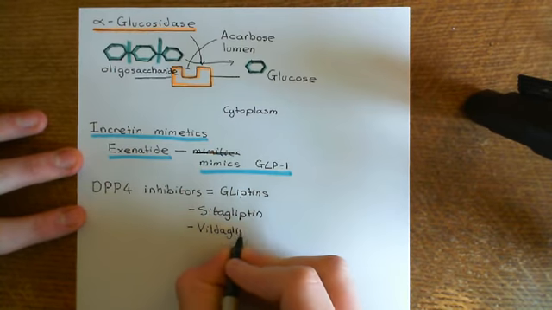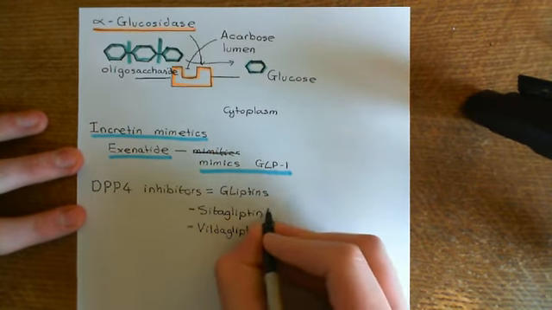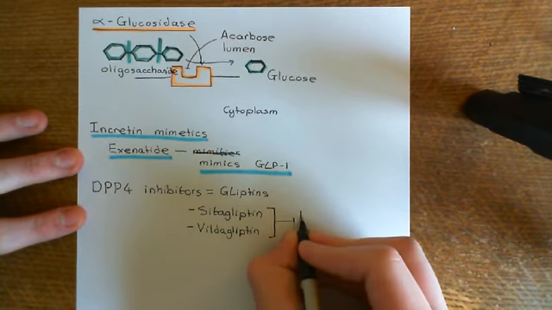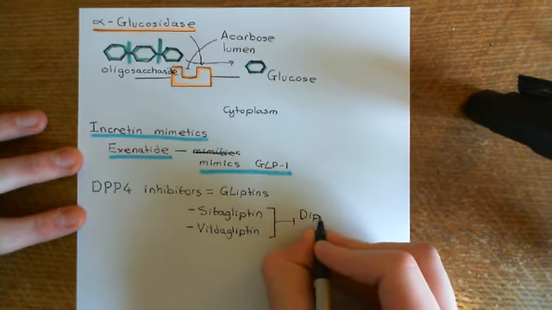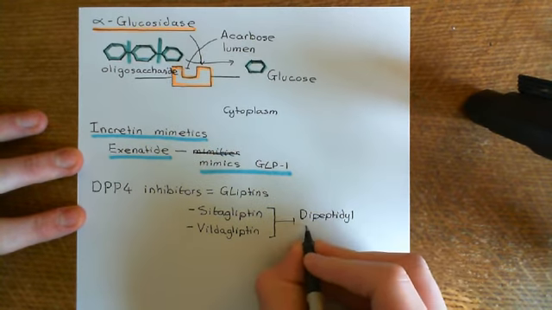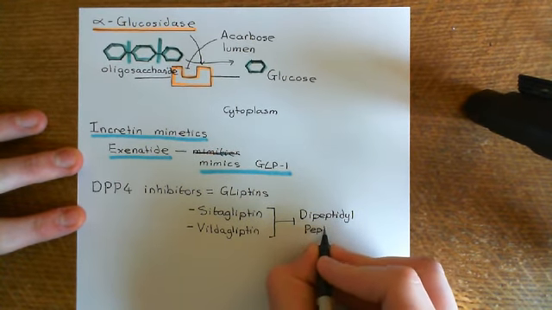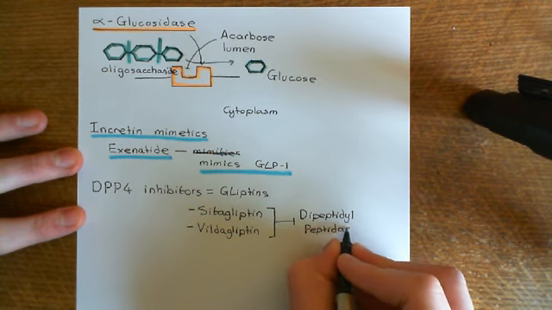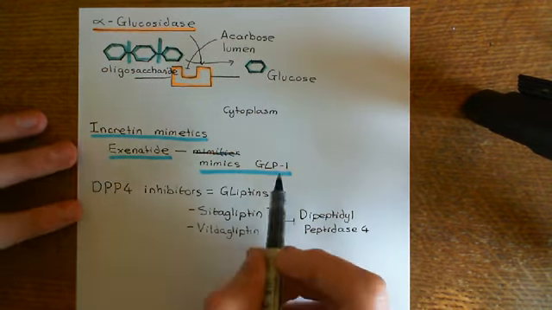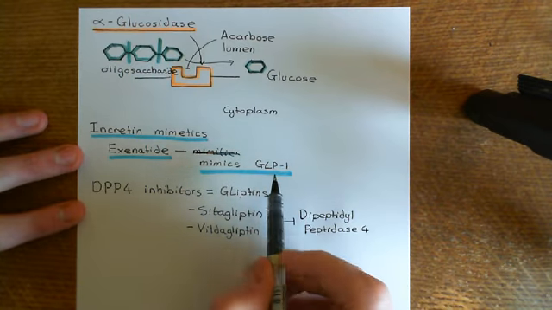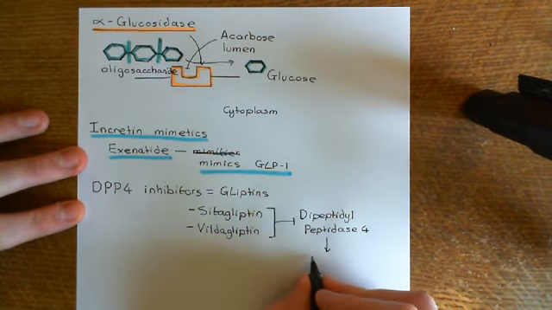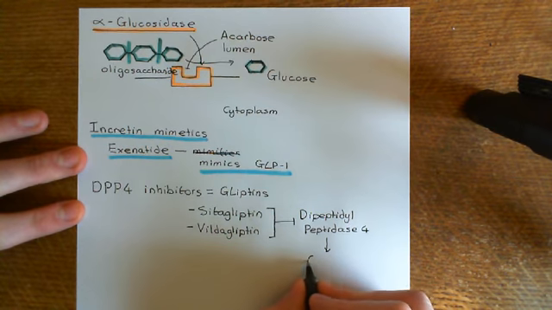Okay, so these two drugs, what they do is they inhibit this enzyme that is found in the plasma, okay, which is dipeptidyl peptidase 4. Okay, now this enzyme is responsible for breaking down the endogenous incretins, okay, GLP-1, glucagon-like peptide 1, and GIP, which is glucose-dependent insulinotropic polypeptide.